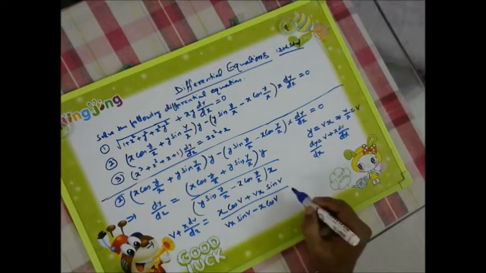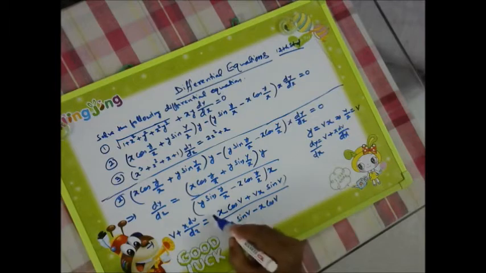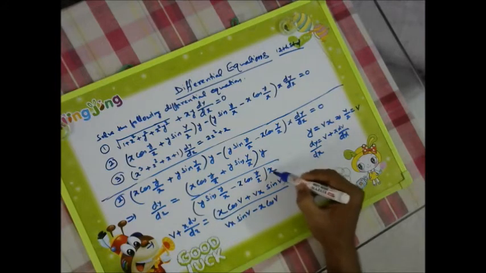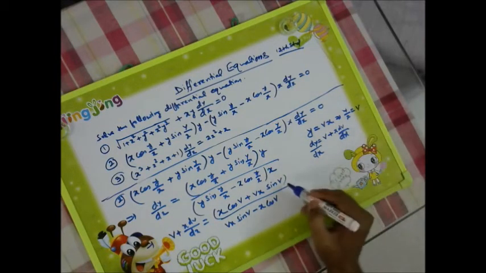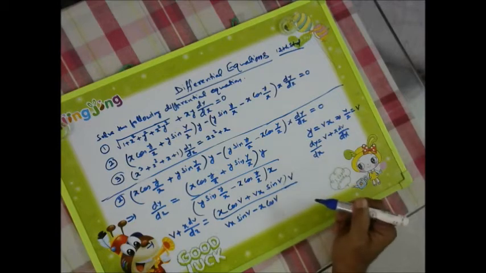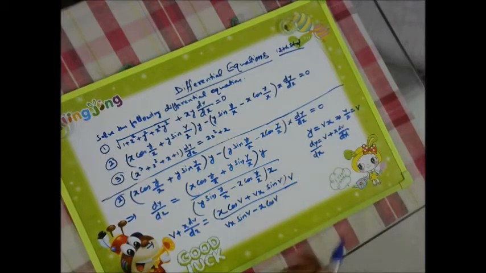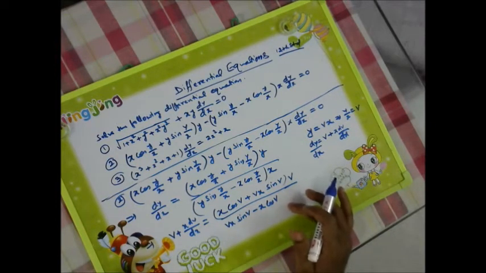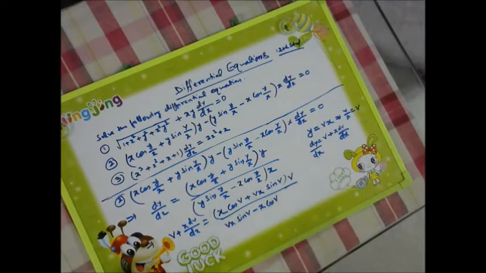And further, this y by x is also there, so y by x we can write v, so we will multiply this with v. So we have got the expression now.